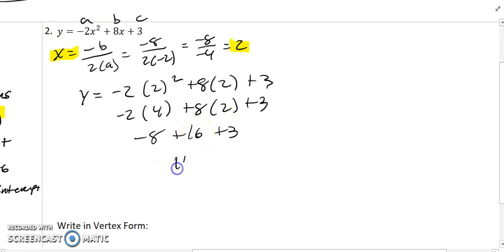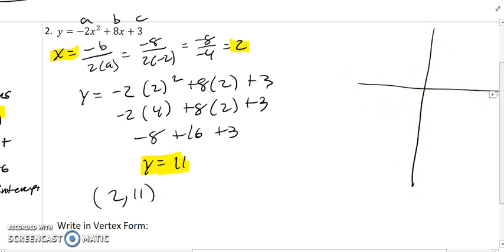So we have 11, this is a y equals. The reason why they're both yellow is because this makes up the vertex. So we have 2, 11, and we count 6, 7, 8, 9, 10, 11. That's our vertex.